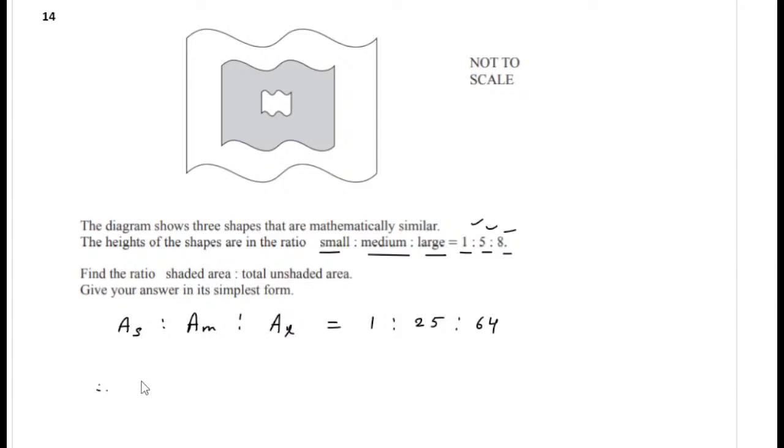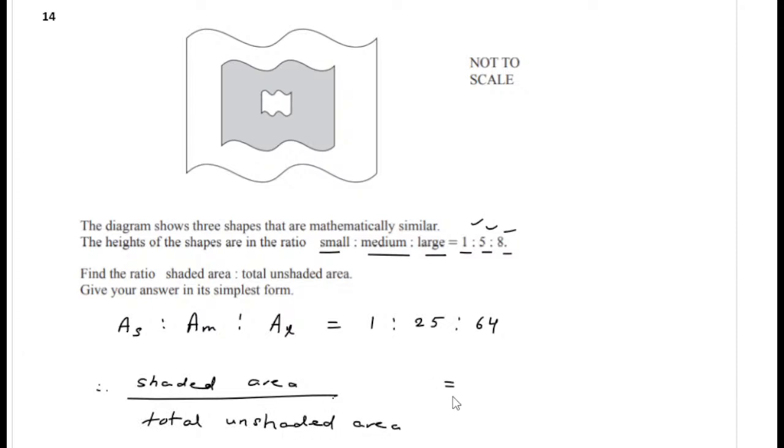So therefore, shaded area divided by your total unshaded area. Now if you see your shaded area, this 25 represents your medium area.